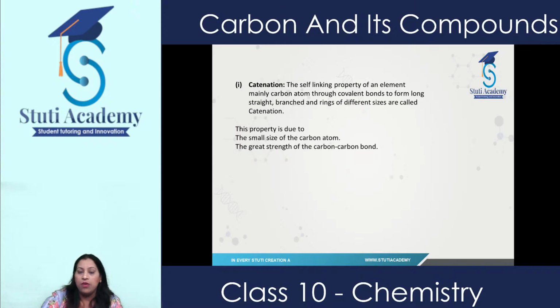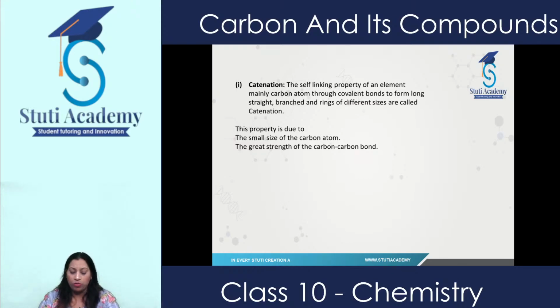Now let's move on to the important property of catenation. Catenation is the self-linking property. It means one element links with other elements of the same kind. So it has the tendency to link with any other element of the same group.